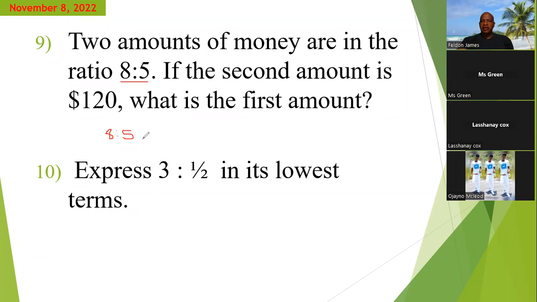Yes. This ratio now, Miss? So, sir, I put x to 120. Correct. Over 8. So here we are now. What we're trying to find out is the X now. What do you have?